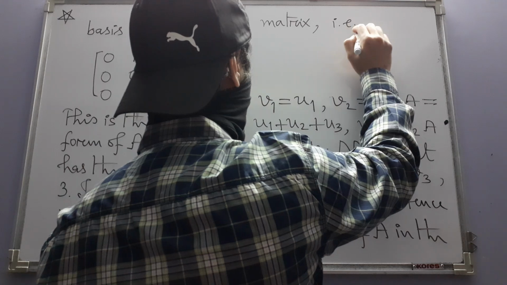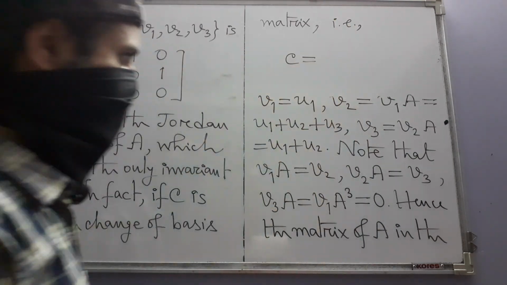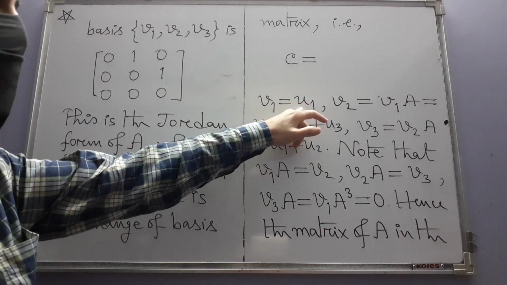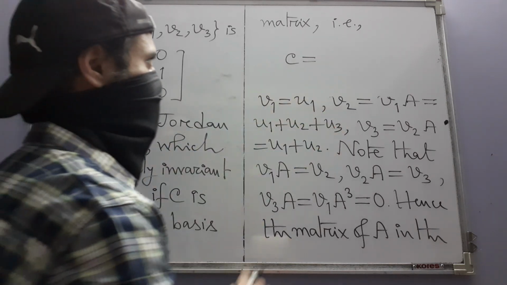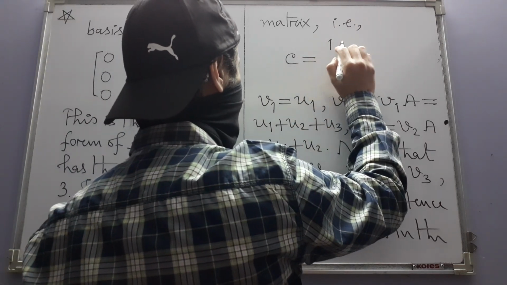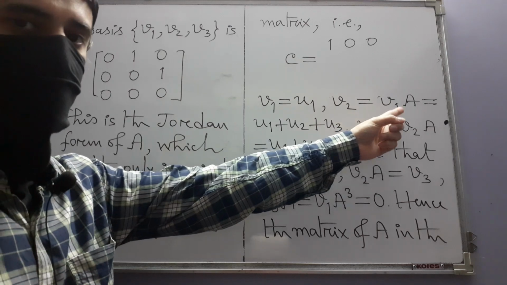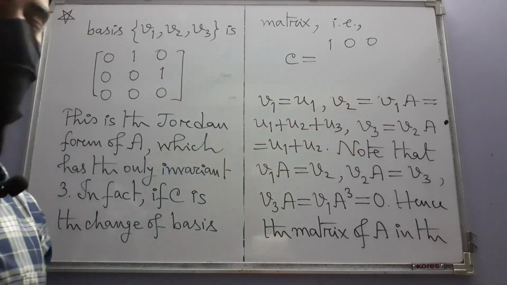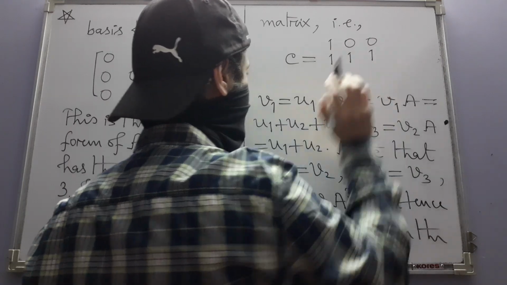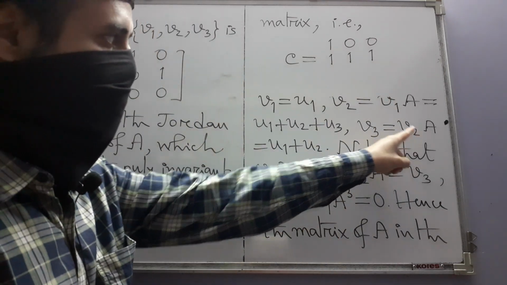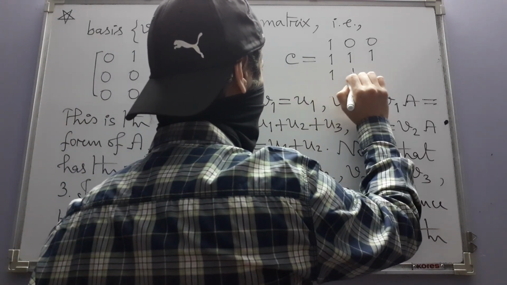So what type of change did we see here? First there was no change. V1 is simply U1. So 1 0 0. What is V2? V2 is U1 plus U2 plus U3. 1 1 1. And then V3 is U1 plus U2. 1 1 0.